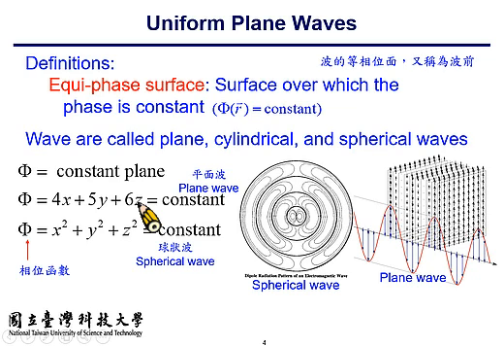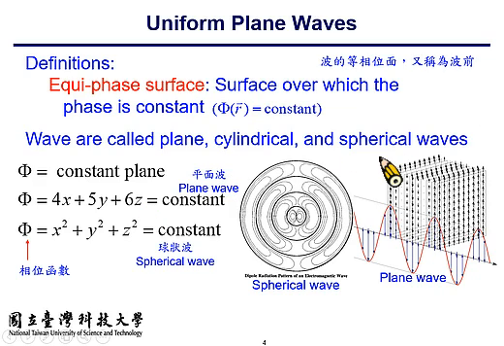This is the spherical wave. Spherical wave. Okay, so which means that the distance of any observation point to the origin is a constant. So with different constant numbers, you can get spheres of different radius.